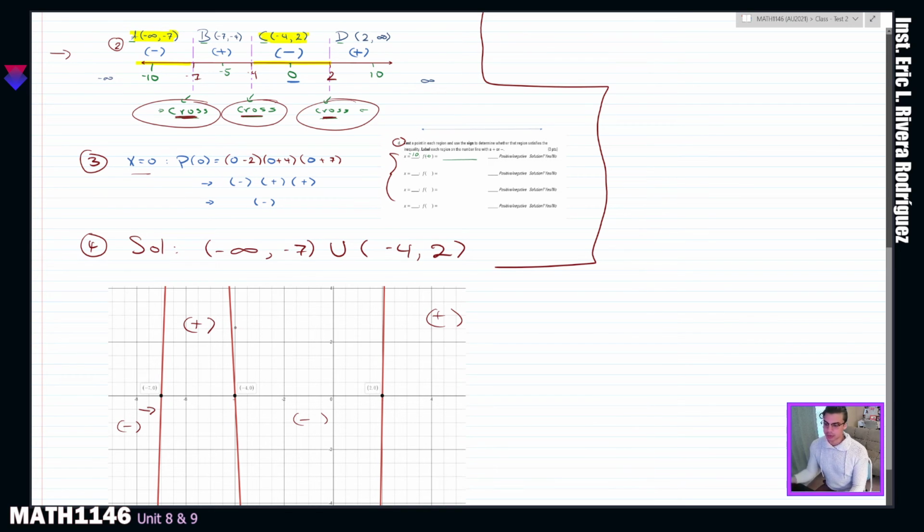So yes, this is correct. We were looking for negative values, so from -4 to +2 is one region that is negative, and the other one from -infinity to -7 is the other region that is negative. Any questions?